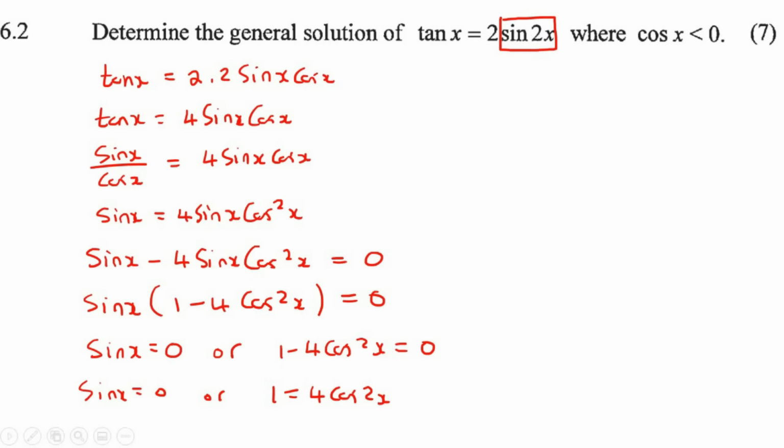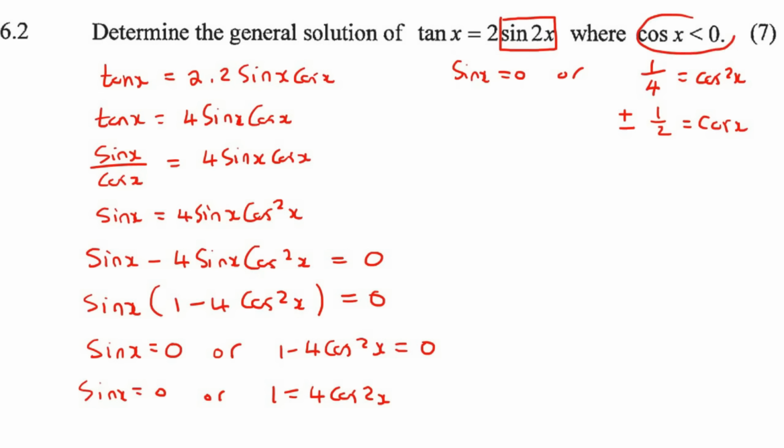Then we divide by 4, so we end up with sin x equals 0, or a quarter is equal to cos squared x. Now we take the square root, so cos x is going to be plus and minus the square root of a quarter. If you work out the square root of a quarter on your calculator, it's just a half.